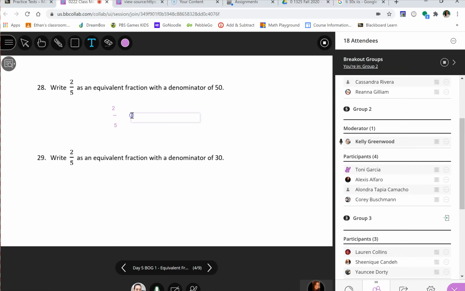And I want that to equal a fraction that's over 50, right? So you just have to ask yourselves, what number would you multiply 5 by to get the 50? So 5 times what number gets you the 50? Now careful, 5 times 100 would get you 500. So it has to be smaller than that.